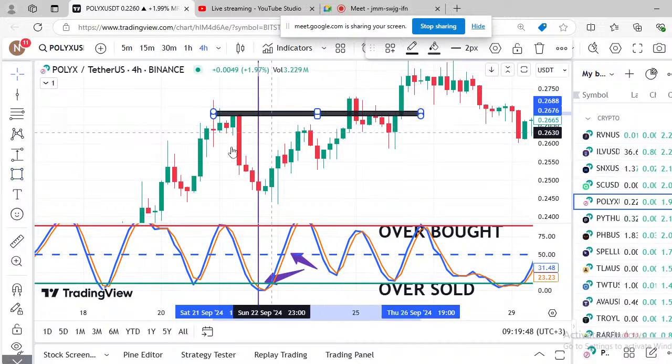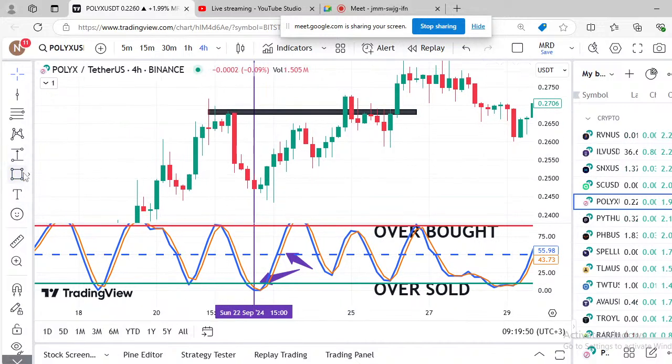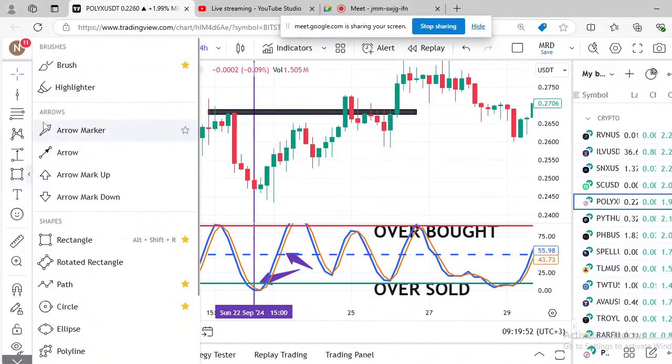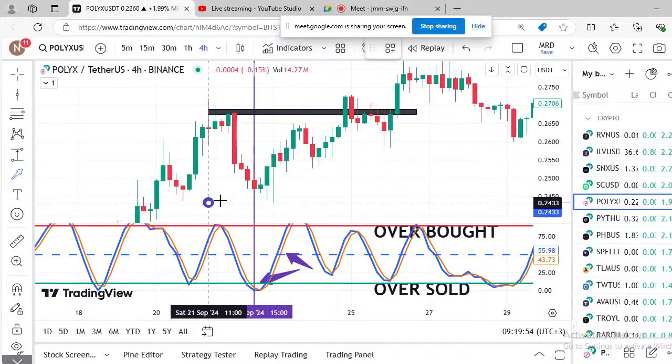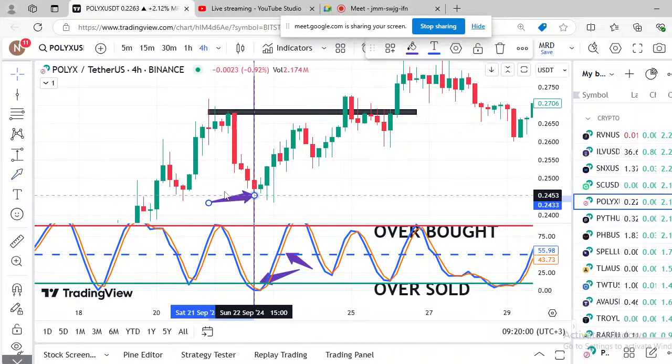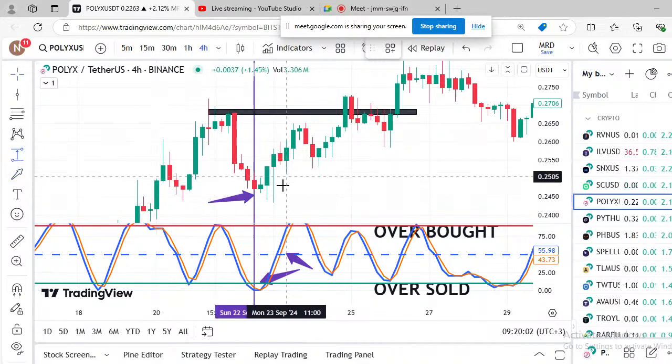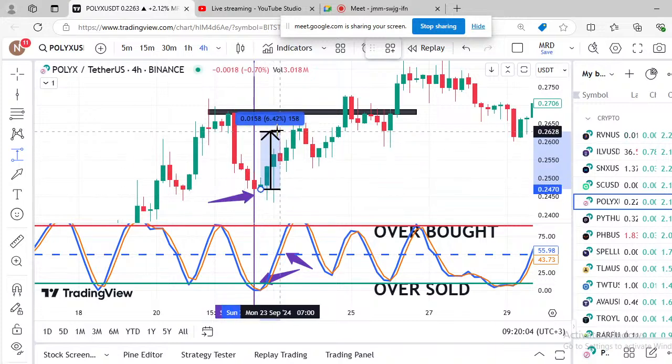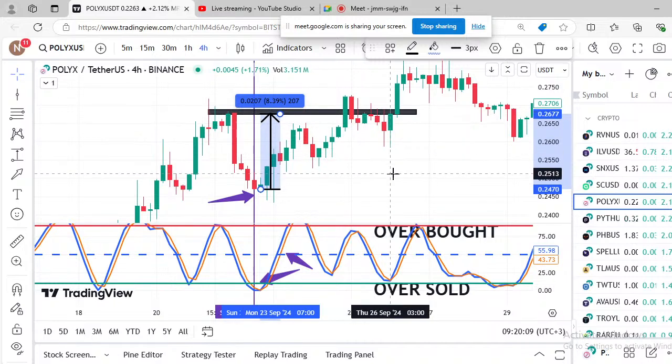When you draw a line like this, remember, we are going to enter from here, because it's where our moving averages are too down. Now we enter from there. The take profit is at the previous high, whereby at that point the take profit was 8%.